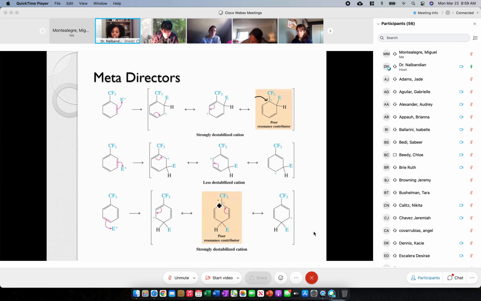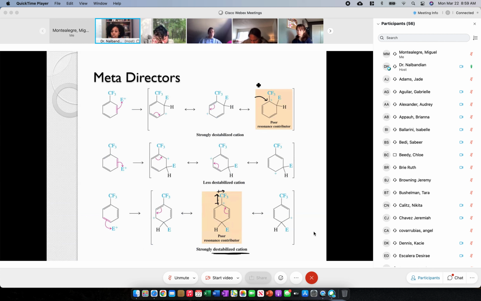We have electron density being pulled toward the fluorines. That destabilizes this. This is a destabilized cation. If it was a CH3, that methyl could donate electron density to stabilize by hyperconjugation. Now electron density is being pulled away. This carbon has a positive charge and electron density is being pulled away. That is going to destabilize that cation.